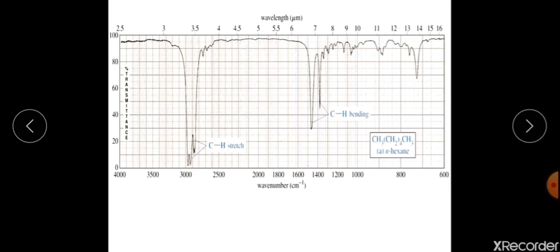And similarly in case of alkyne we will have one additional peak here for carbon triple bond carbon stretching, and one for triply bonded carbon hydrogen stretching vibration. So on the basis of this IR spectrum we can easily identify whether it is an alkene or an alkyne. Tomorrow we will discuss aromatic compounds and their functional groups.